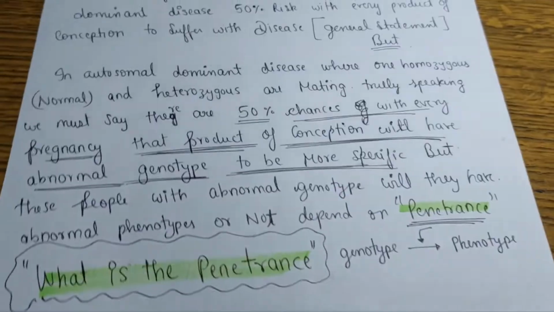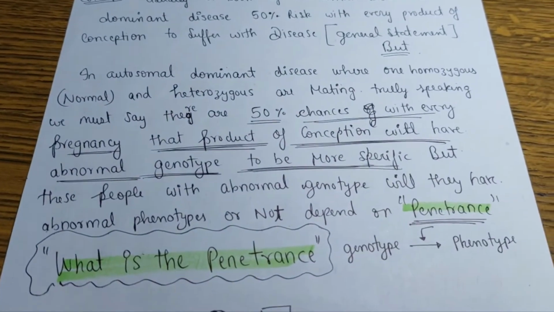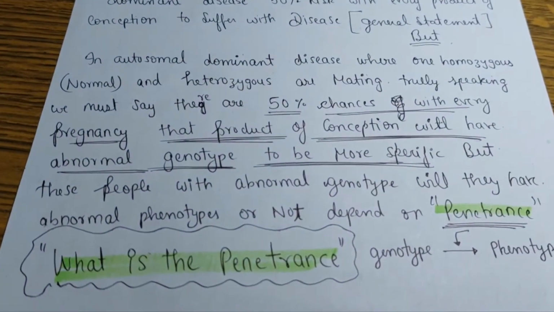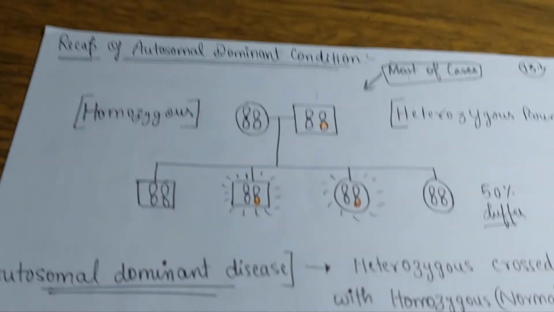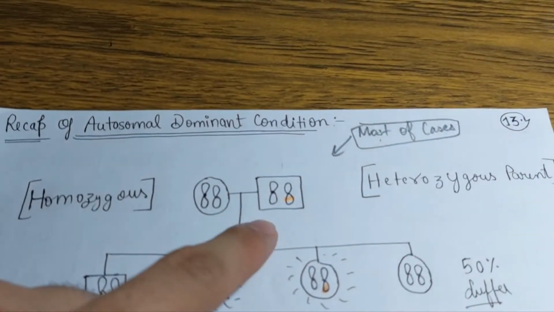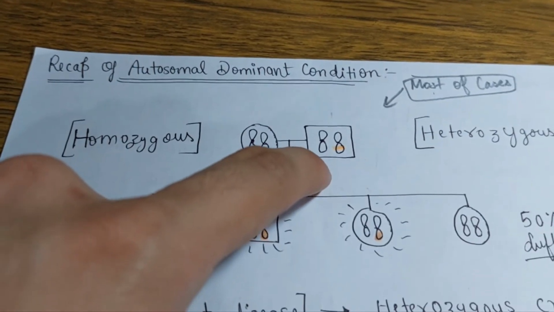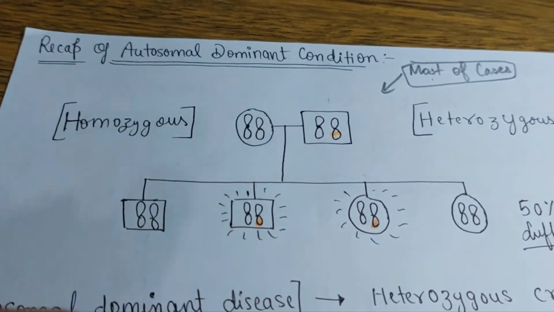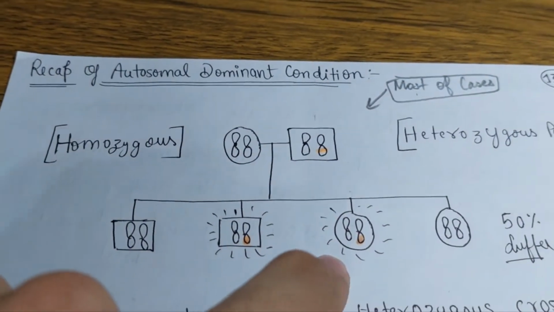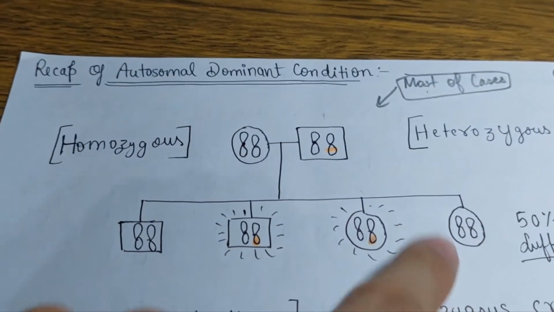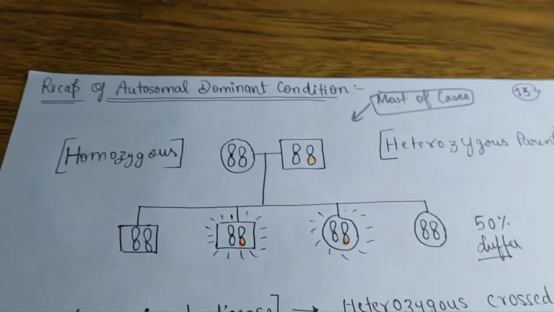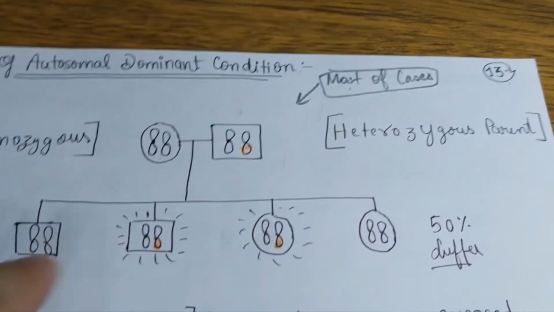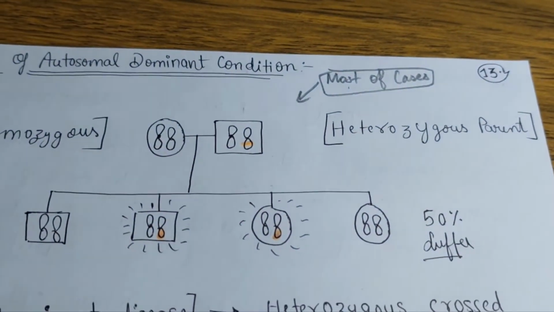So this sums up our concept: in autosomal dominant disease, when one homozygous normal parent mates with a heterozygous affected parent, or a non-affected parent with reduced penetrance, the probability of the progeny having the defective genotype is 50% defective genotype and 50% normal genotype.